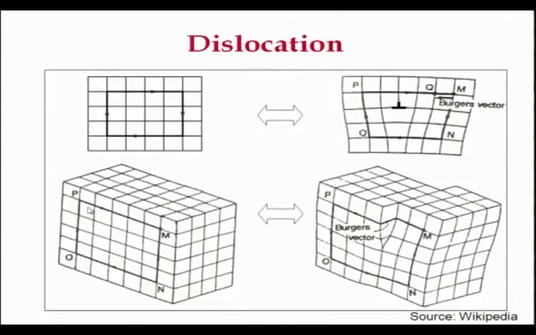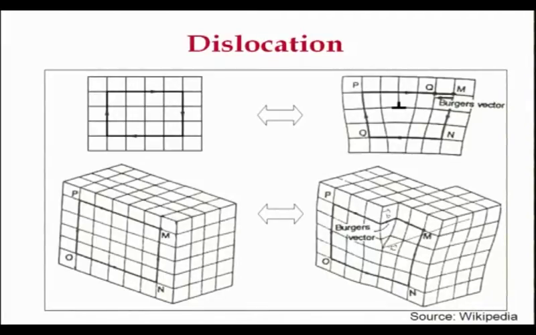Now when you make this circuit, let us say MNOP, you start from M to N 4 steps, N to O 4 steps, and P to M you take an extra step here. This is an extra step, and this is sheared with respect to this point. If you draw this point somewhere within the crystal, parallelly you will have a line like that. Here this is the B vector, this is the T vector.